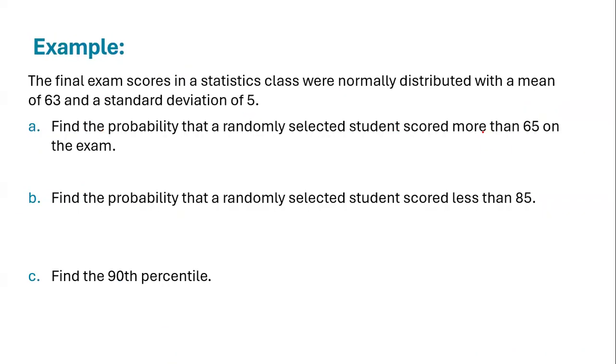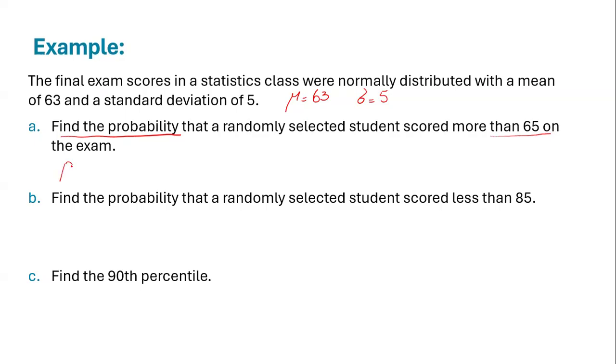Next example says the final exam scores in a statistics class were normally distributed with a mean of 63 and a standard deviation of 5. Find the probability. Probability is the area under the curve. That means you need to find a number from the body of the table that a randomly selected student scores more than 65.